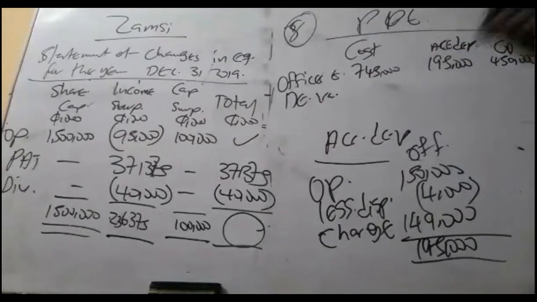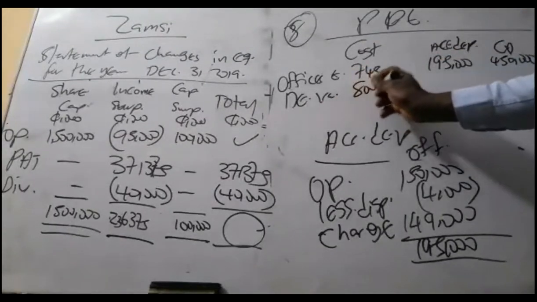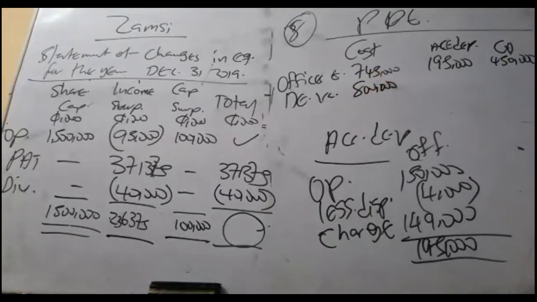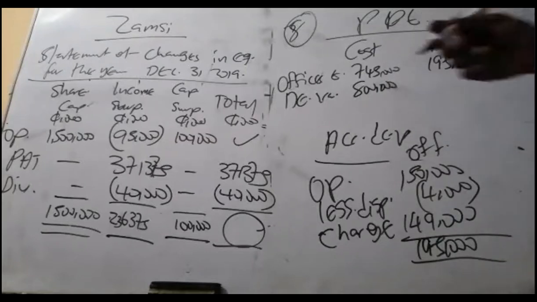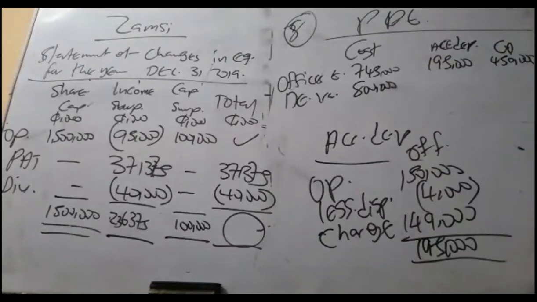That one is straightforward. No issue. The cost is 800. Then accumulated depreciation. Check the trial balance. They've checked 200,000 in the trial balance.